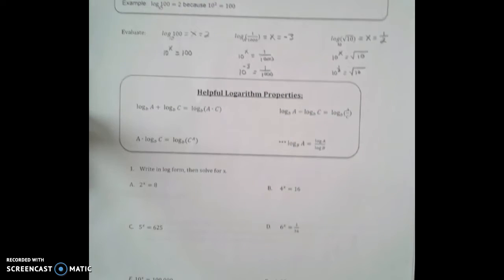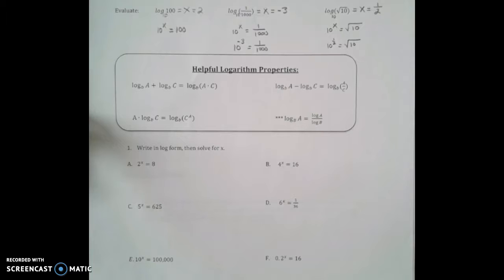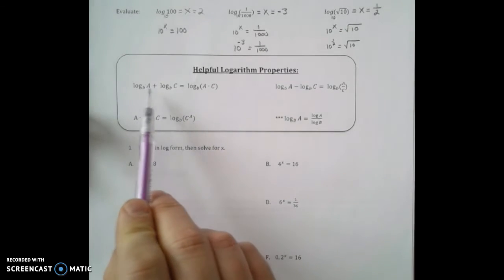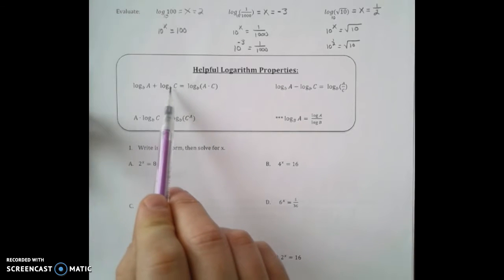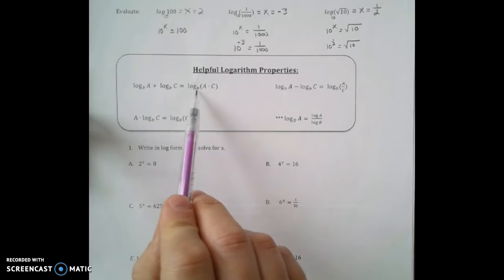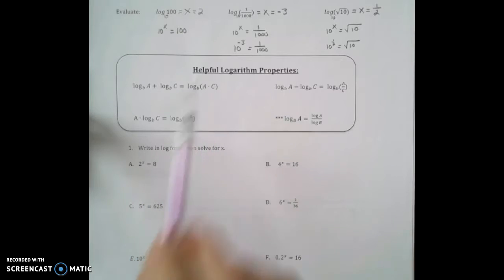Now, some helpful logarithm properties are going to help us solve some problems. When we have two logs with the same base, log base b of a plus log base b of c, I can just rewrite this as a logarithm with the same base of a times c. I can take these values and multiply them together.